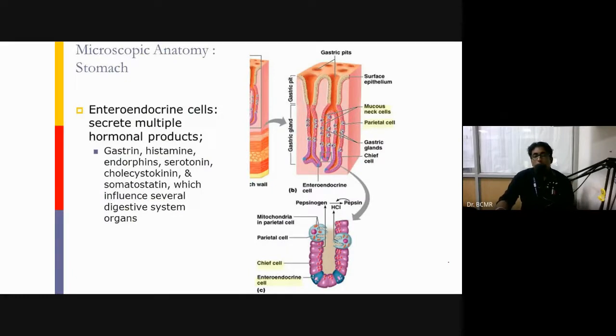If we look at the stomach, the large intestine, or the small intestine, we can find several types of cells. Some of them are called enteroendocrine cells. They secrete several hormonal products that are timed based on the intake of food.